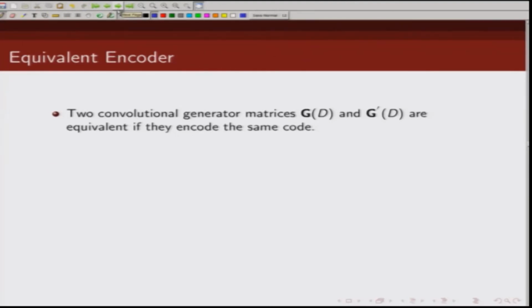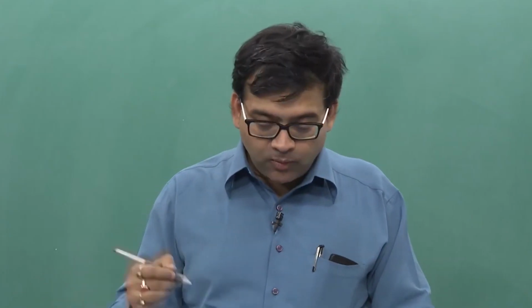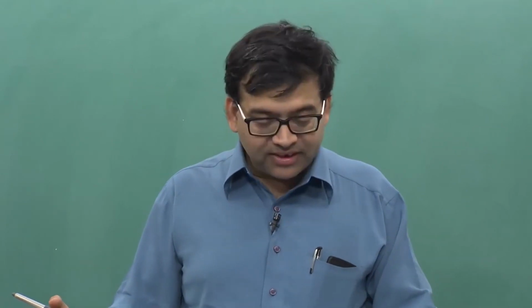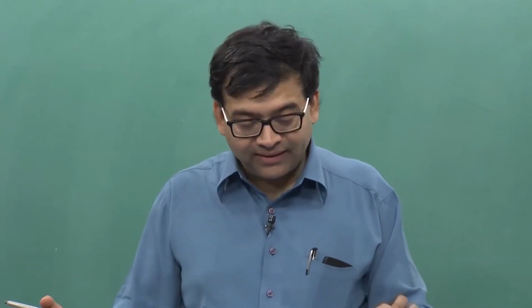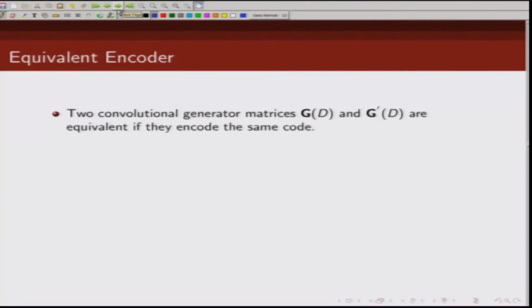So, all the parity bits are essentially linear combinations of current and past inputs and outputs. Now, that brings us to our next topic of discussion, which is the concept of equivalent encoders. Before we define what is an equivalent encoder, we will define what we mean by equivalent generator matrix. Two convolutional generator matrices, let us call them G(D) and G prime(D), are equivalent if they encode the same code. Now, what do we mean by encode the same code?